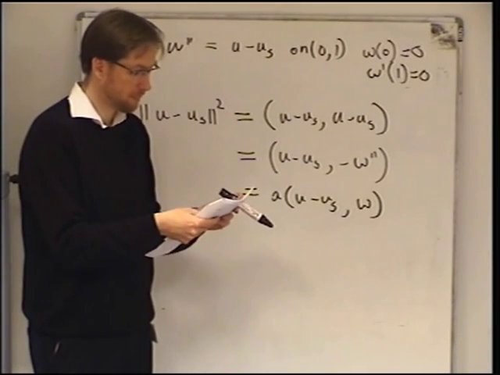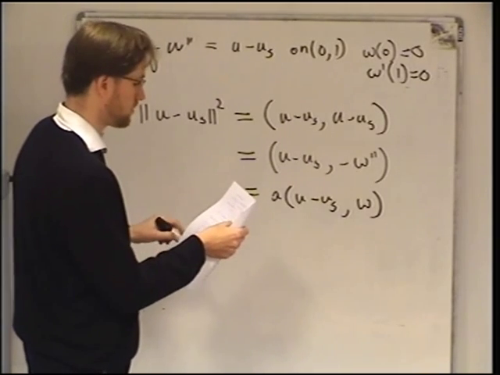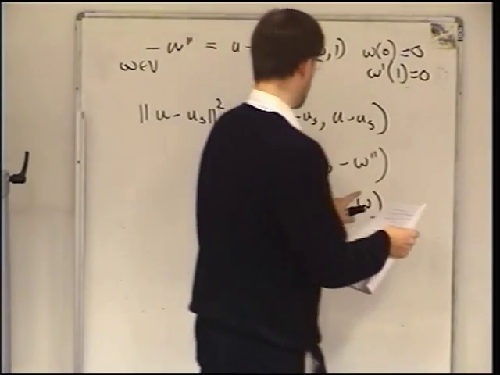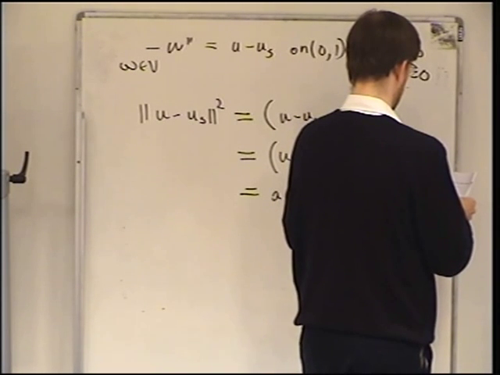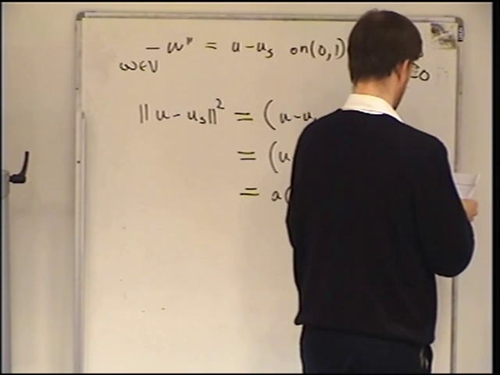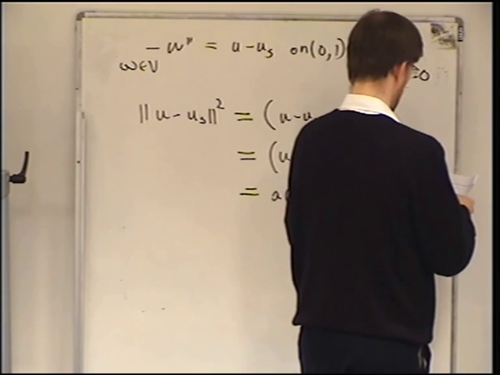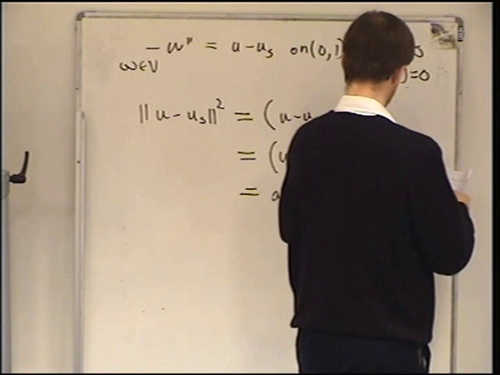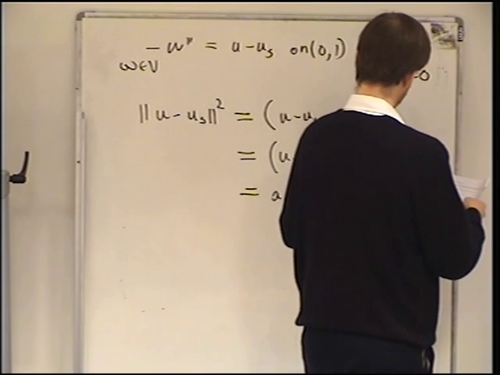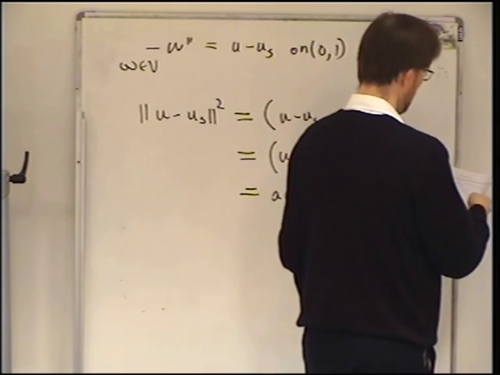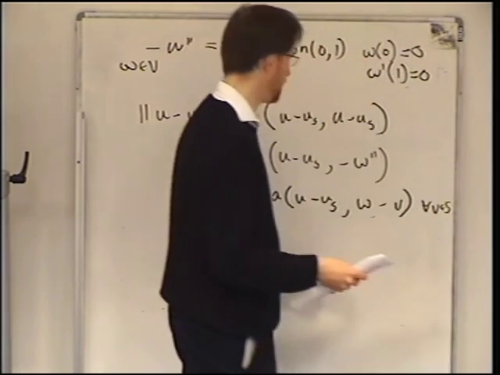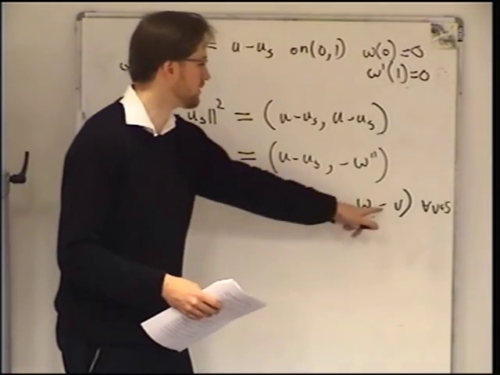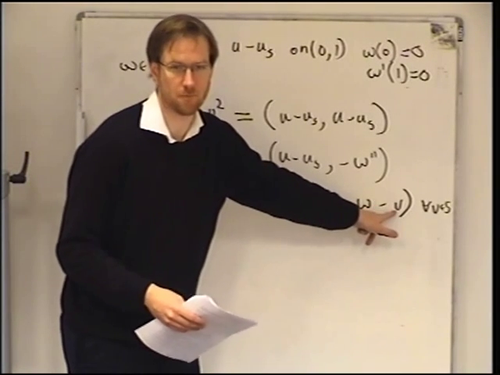And that's also true. If I subtract off V for any V in S, the reason for that is that A of U minus US, inner product with V, is 0.